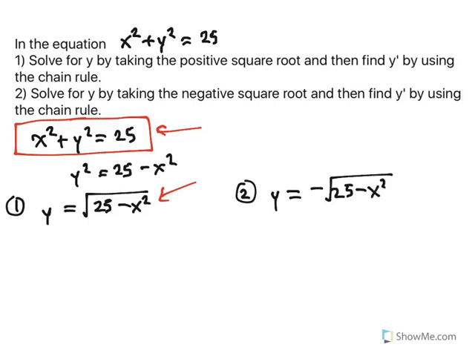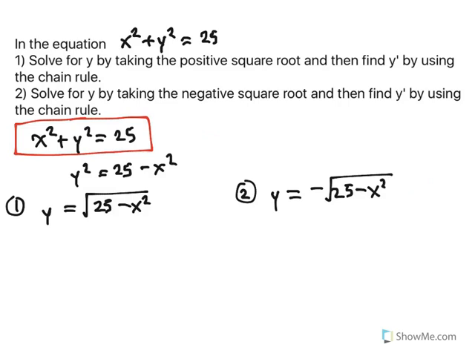And of course, the two halves of the circle together will give you the full circle that is given by the implicit relation. So the implicit relation can be represented as two separate explicit relations, and these two explicit relations taken together will give you the same circle given by the implicit relation.